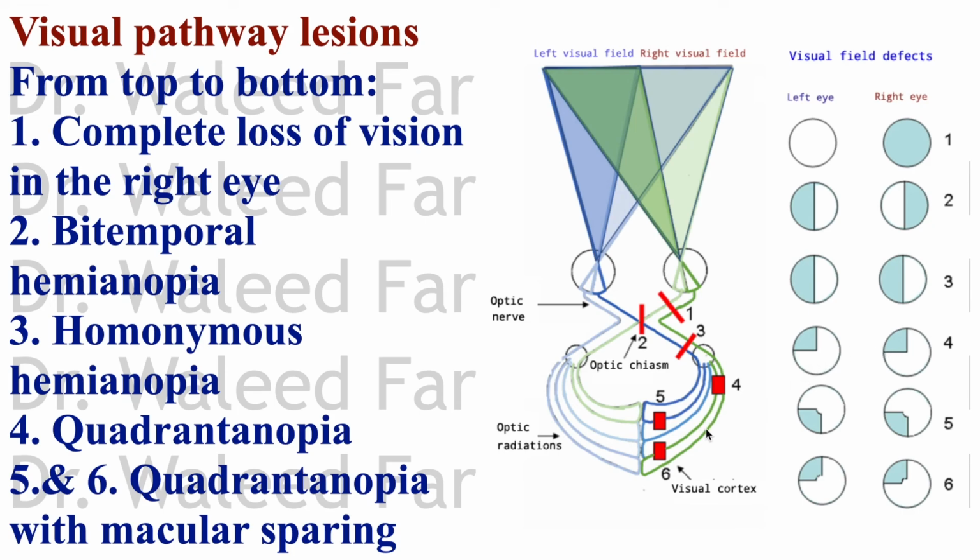The difference with lesions proximal to the occipital cortex is that there will be quadrantanopia, but with macular sparing. The macula will be spared.